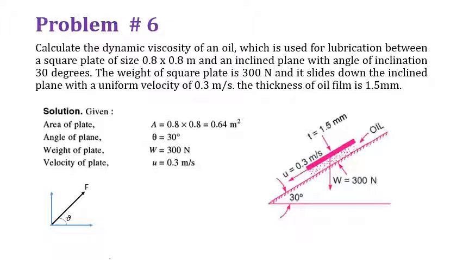This is to be remembered: if the force is making angle theta with the horizontal, then the horizontal will be the cos component and the other will be the sine component. In the reverse scenario, if the angle is given with the vertical, let's say force F makes an angle beta with the vertical, then the vertical will be the F cos beta component and the horizontal will be the F sin beta component.